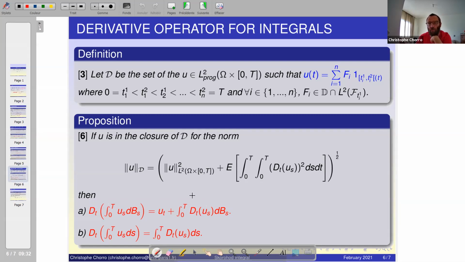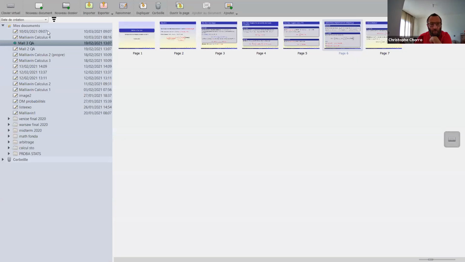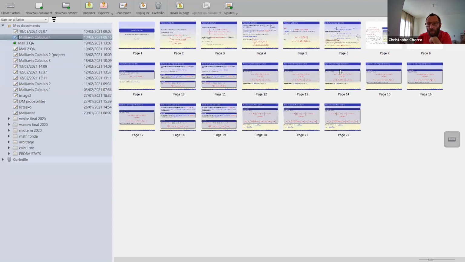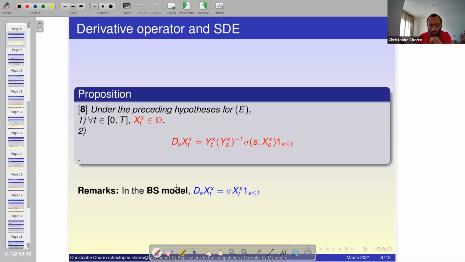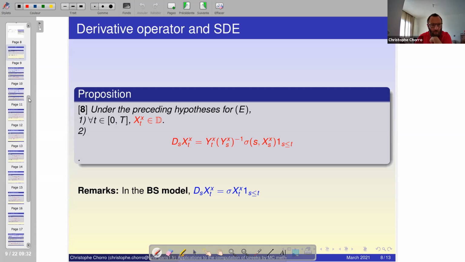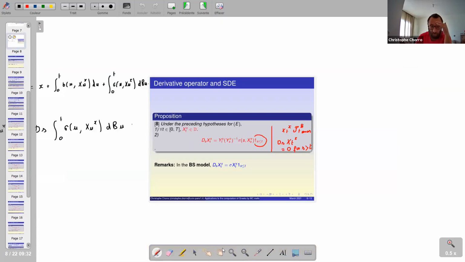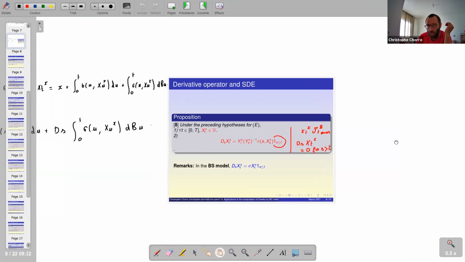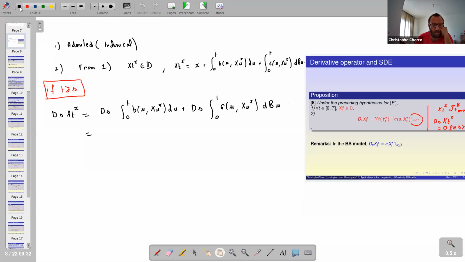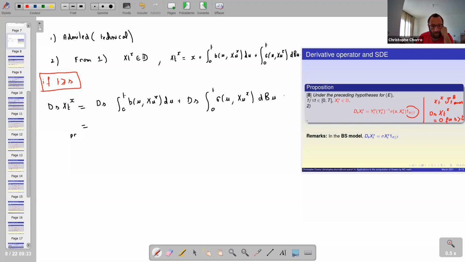Okay, so from proposition 6 of the course, if I come back to my problem here, from proposition 6 I can say that here I have the derivative of a Riemann integral, so I can simply invert.